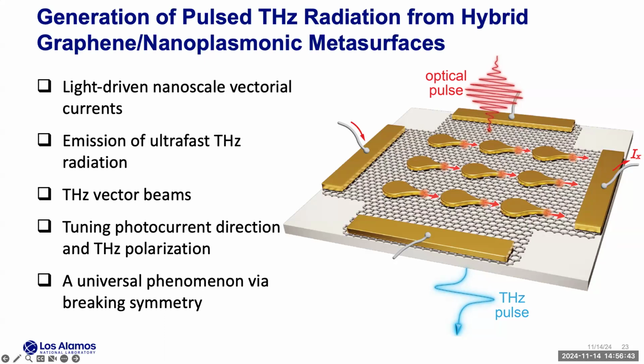You can design these to tune the photocurrent direction by different kinds of patterning, and that will enable the rotation of terahertz polarization. And this is basically a phenomenon that's enabled through symmetry breaking.